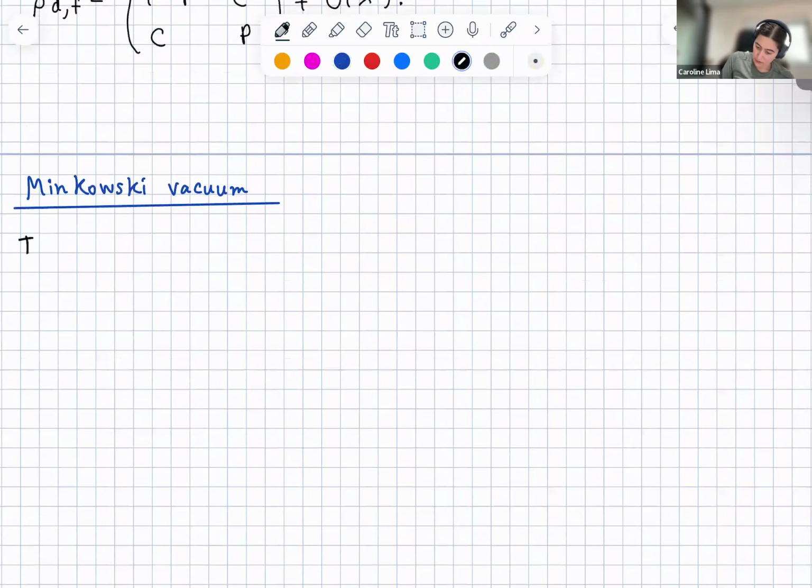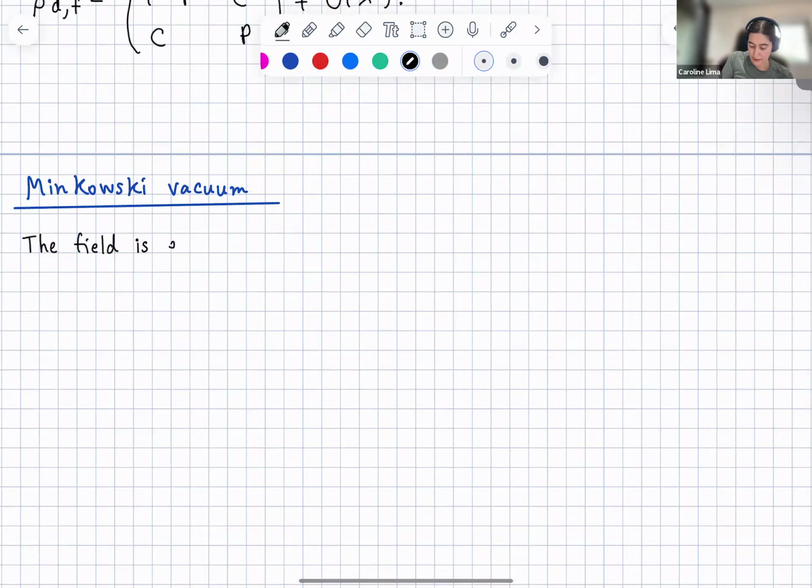All right, so let's see, the field. Remember that we wrote yesterday the field as a function of the modes. So here it is going to be the same, but instead of considering discrete modes, I'm going to consider continuous modes, okay?